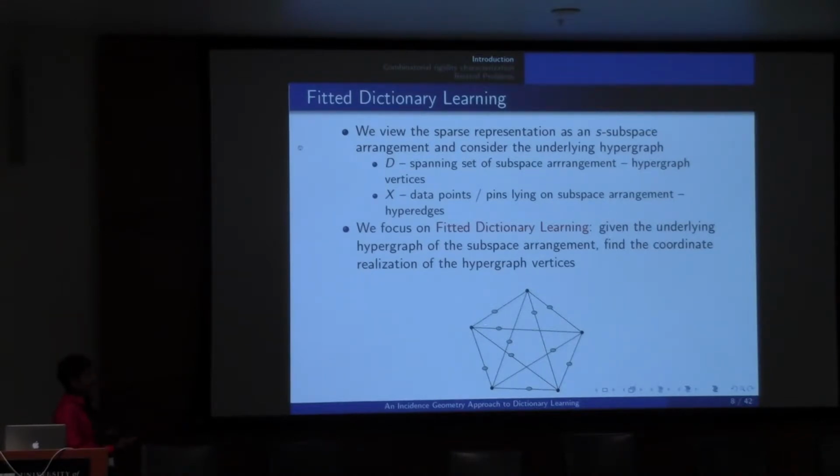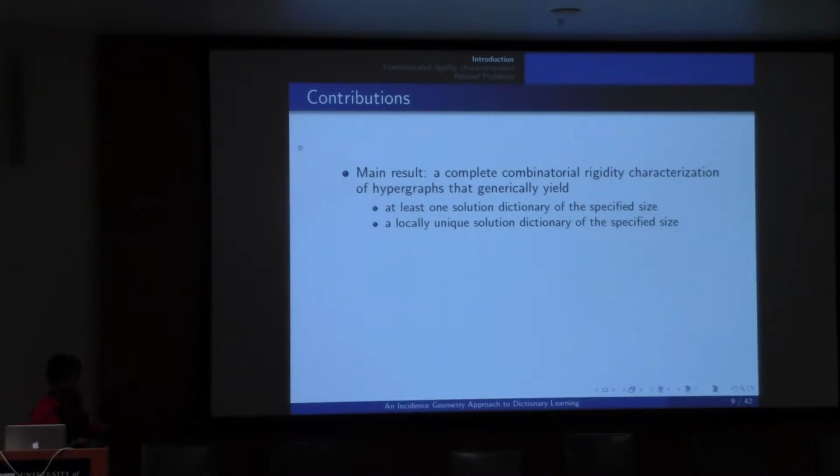The only difference here is that I'm giving you more information. I'm actually telling you which dictionary vectors, for each data point, give the linear combination for that data point. So in the usual dictionary learning problem, no one tells you, hey, this data point, I'm going to express it in terms of these dictionary vectors, the identities of these dictionary vectors.